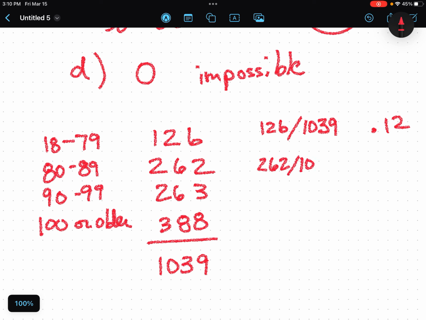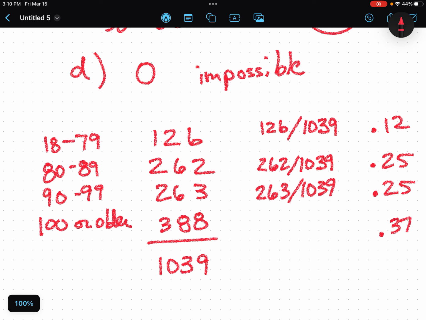262 divided by 1039 is about 0.25. When I do 263 divided by 1039, it's also 0.25. And 388 divided by that is 0.37.